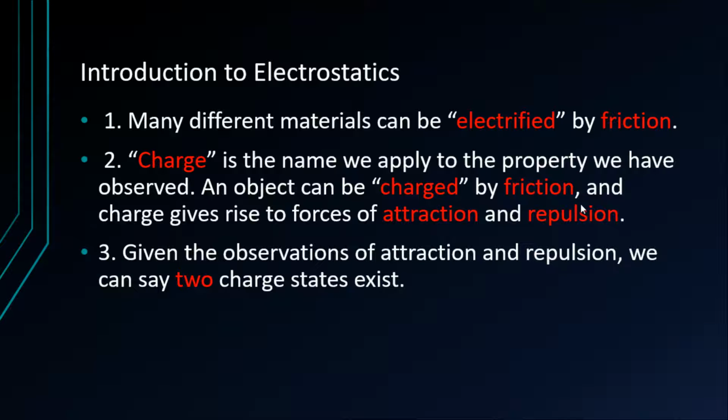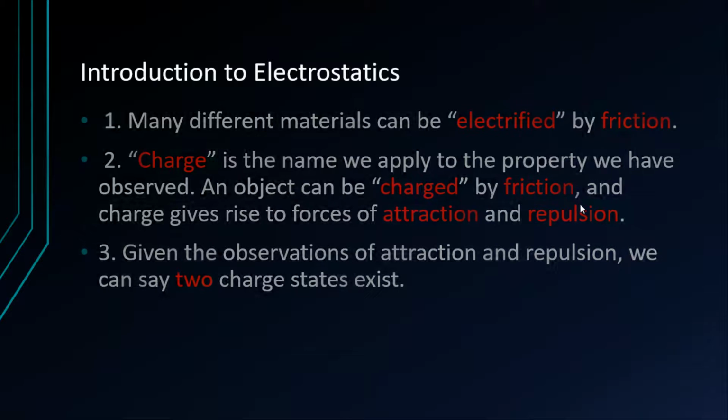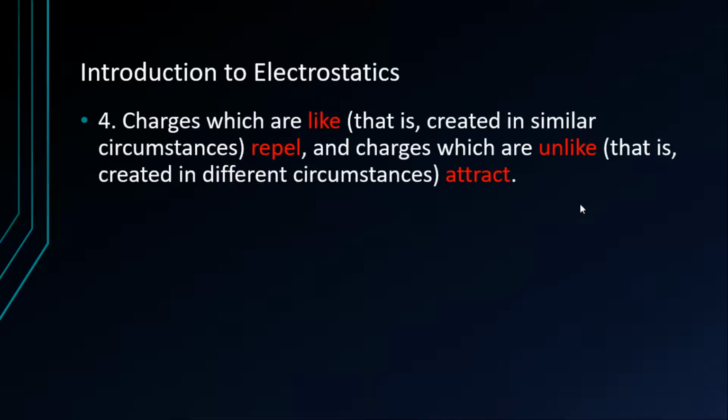Given the observations of attraction and repulsion, we can say that two charges exist, or two charged states exist. Charges which are like, that is, created in similar circumstances, repel, and charges which are unlike, that is, created in different circumstances or not the same, attract.